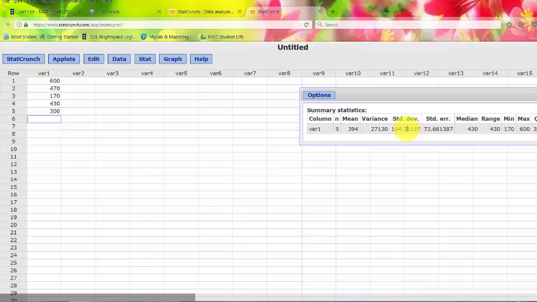Or you could square the standard deviation to get the variance. We have the median, the range, the minimum or the smallest value, the maximum or the biggest value. We have Q1 and Q3. So there is all of that summary information.